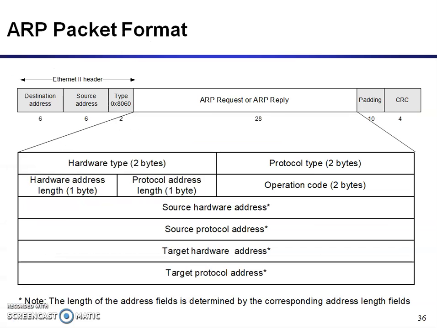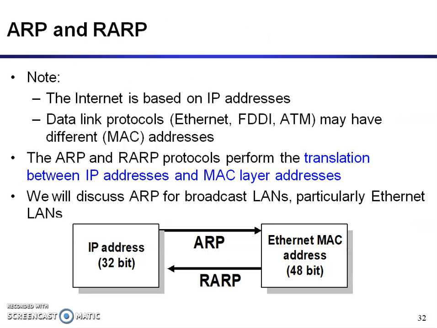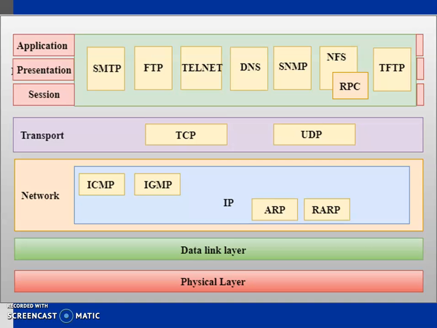So this is one thing about ARP protocol. The next one in this line is the ICMP protocol. ICMP stands for Internet Control Message Protocol. I stands for Internet, C stands for Control, M stands for Message, P stands for Protocol.